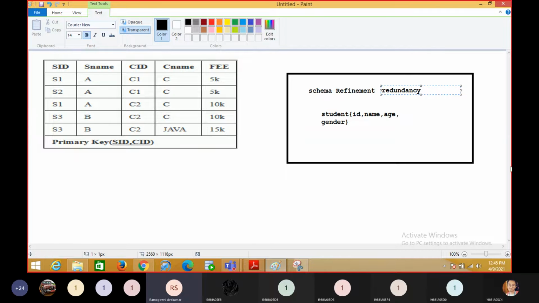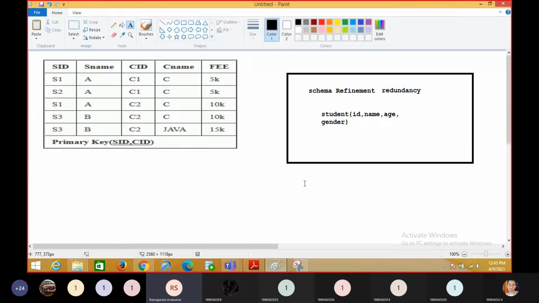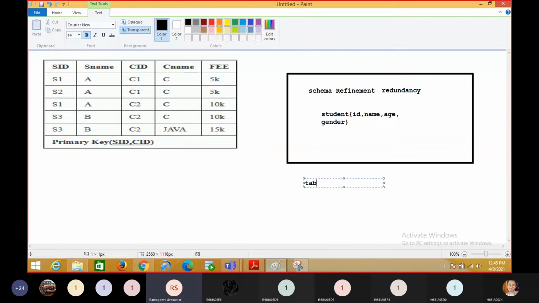Redundancy. So what types of redundancy are available in our database? Table level redundancy, row level redundancy, column level redundancy.